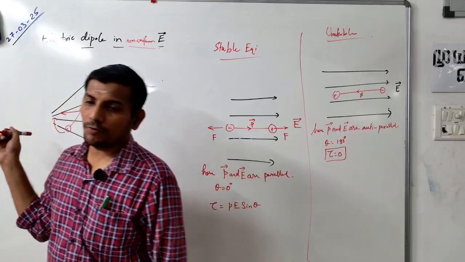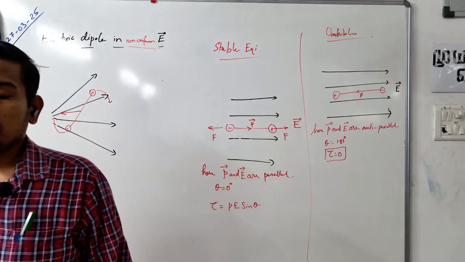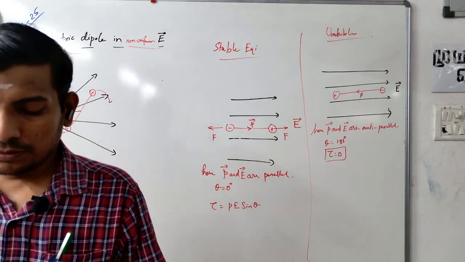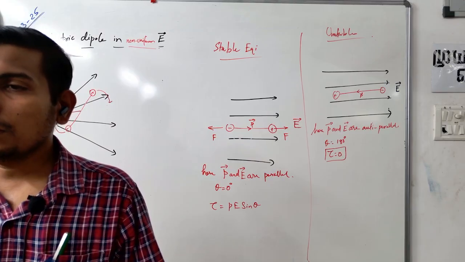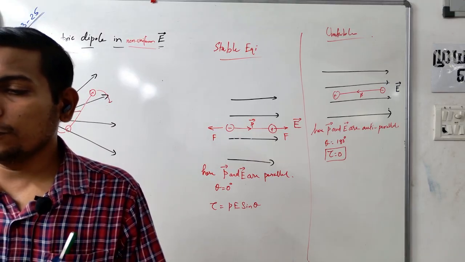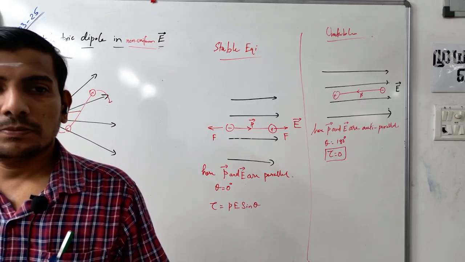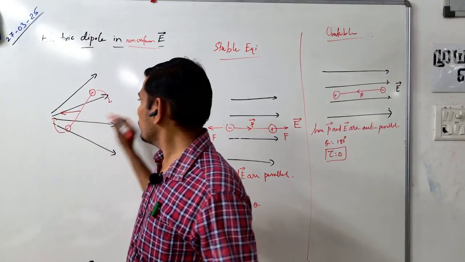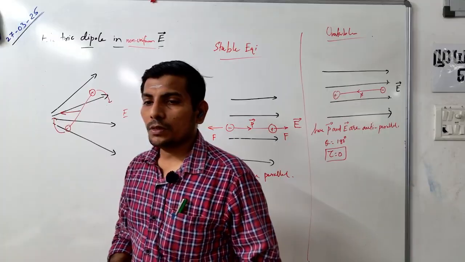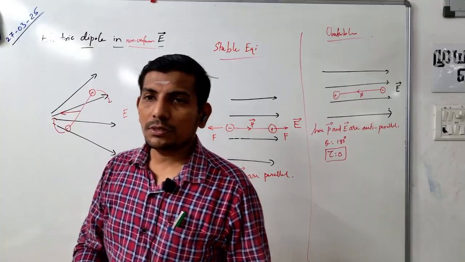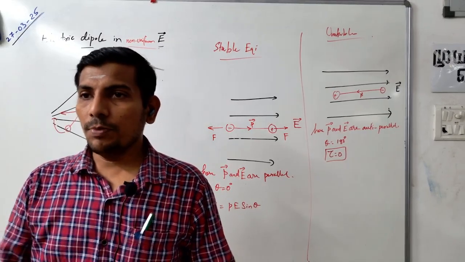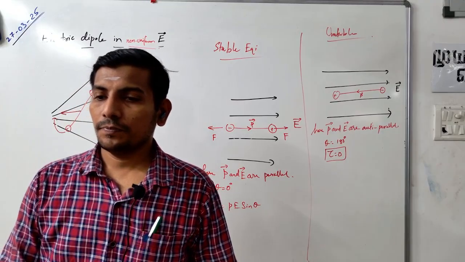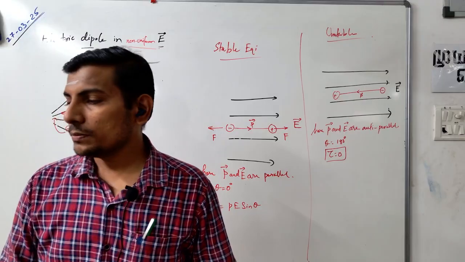In a non-uniform electric field, dipoles experience torque as well as force. So in this electric field system, dipoles will never come to stable or unstable equilibrium. They would keep oscillating. Noted?